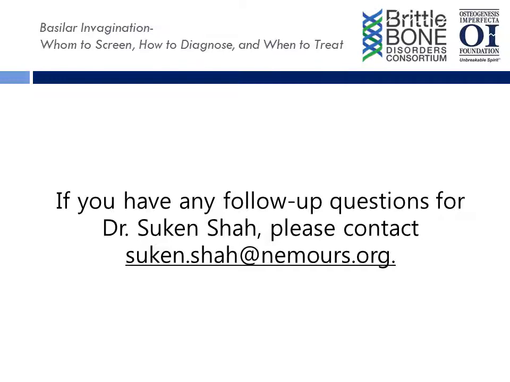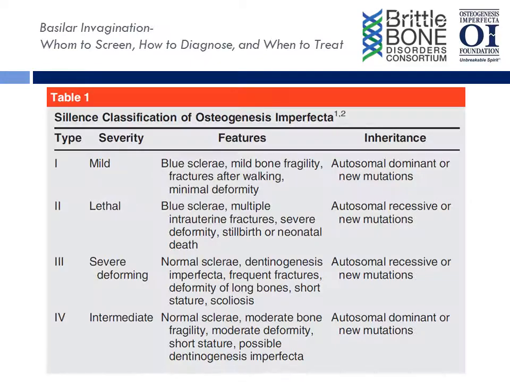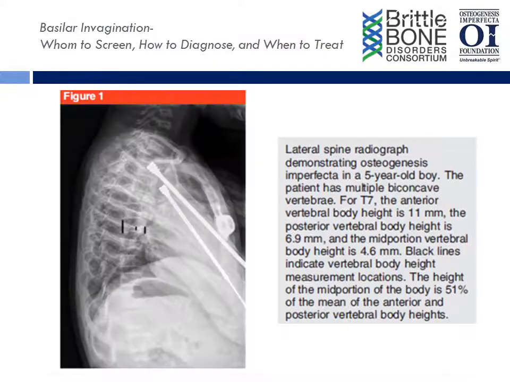And I think the article, although written for medical professionals, we know that OI families are very sophisticated and would enjoy reading this article. I just want to point out a couple of things, and I think you're going to be attaching this. Table 1 summarizes the Sillence classification of OI. Figure 1 shows how some of the bones can undergo compression and lead to progressive scoliosis.